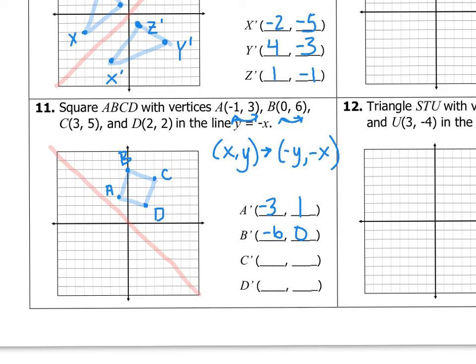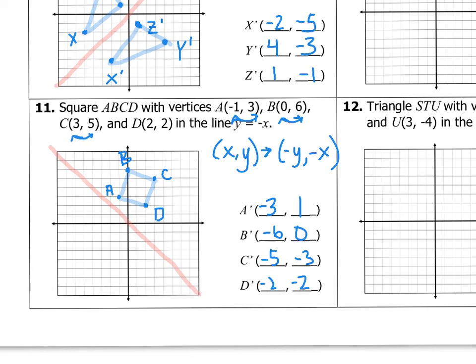C prime, again, I'm going to flip them and it's going to become negative 5 and negative 3. Flip them and do the opposite. Same thing with D, flip them and do the opposite. Let's go ahead and graph that. We get negative 3, 1, negative 6, 0. Oops, I plotted that point wrong.